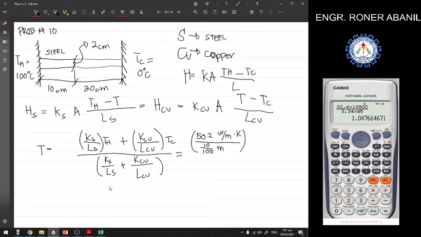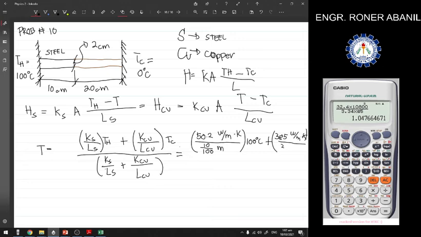Yung TH natin is 100 degrees Celsius. Plus, yung K natin ng copper, dun sa table, copper is 385 watt per meter Kelvin over yung length natin na 20 centimeter.